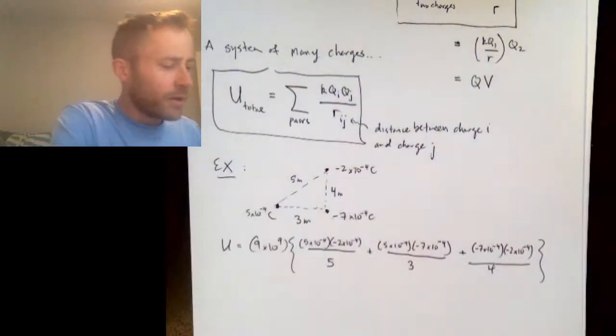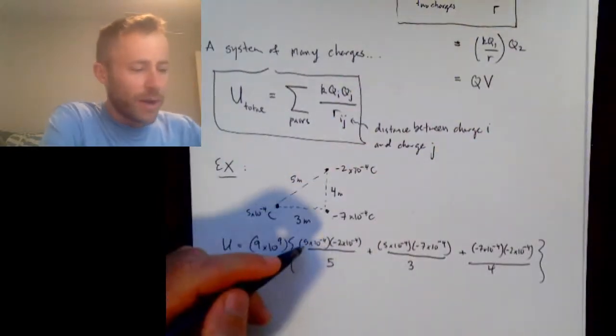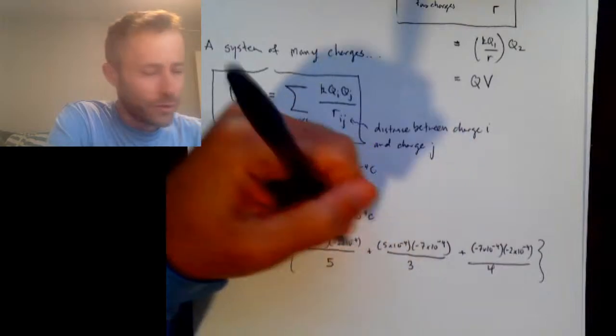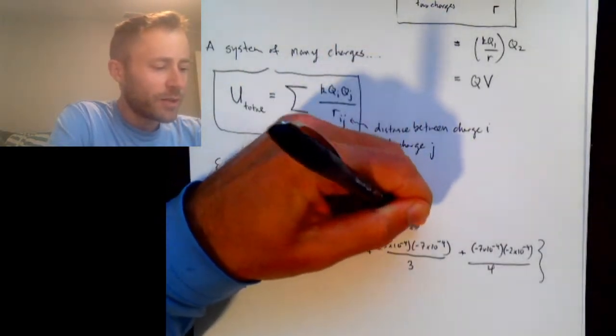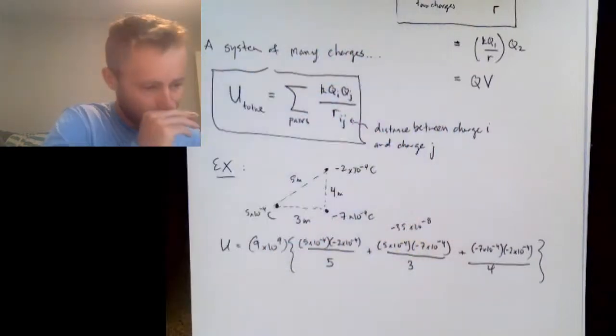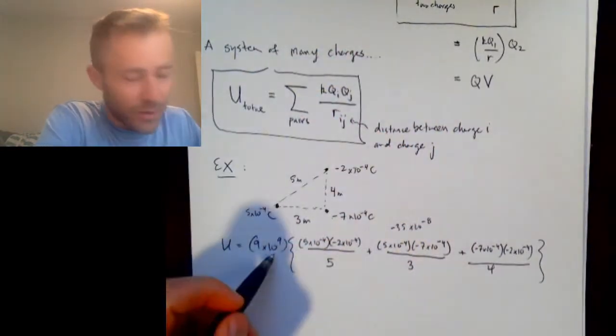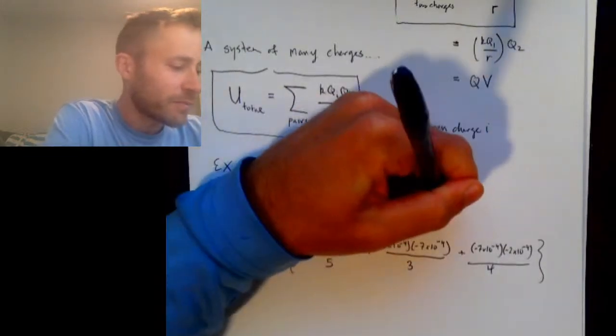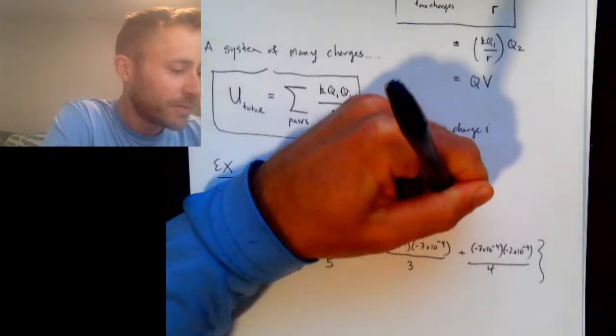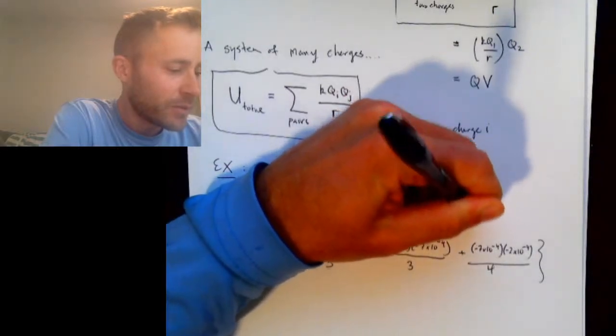All right. Now, if I, for example, multiply these two together, I would get negative 35 times 10 to the minus 8. All right. But I'm trying to cancel out this 10 to the 9th. So I'm going to write it as negative 350 times 10 to the minus 9.